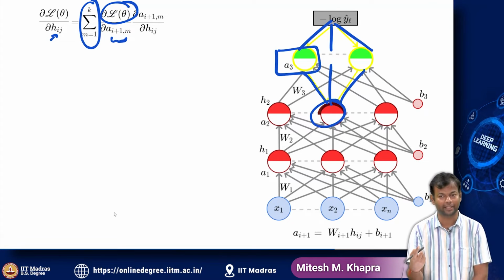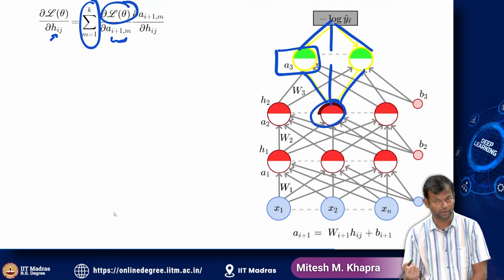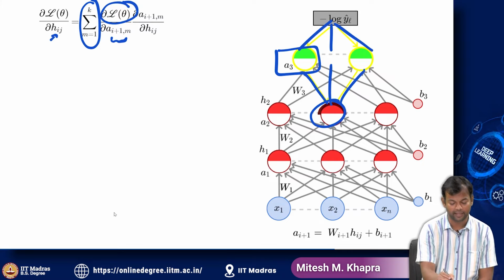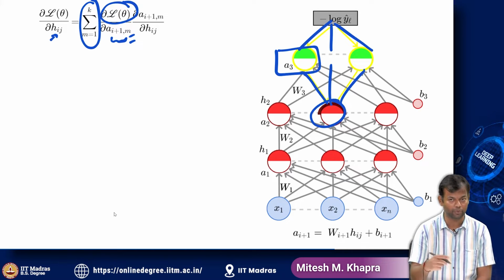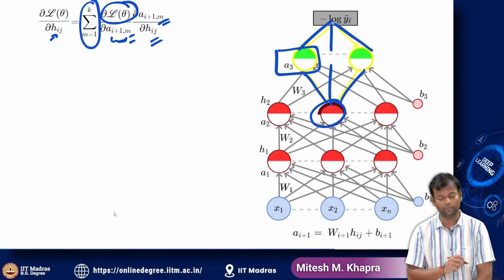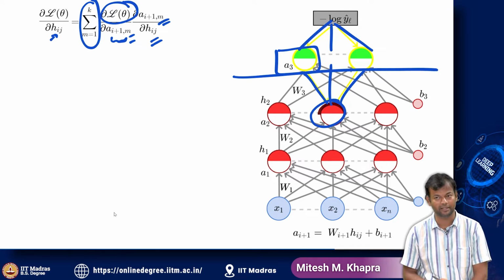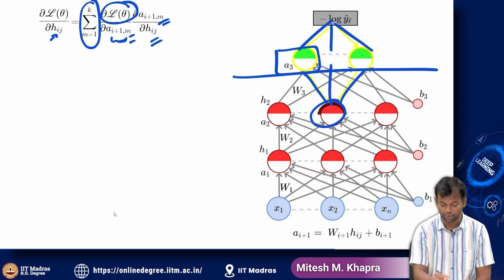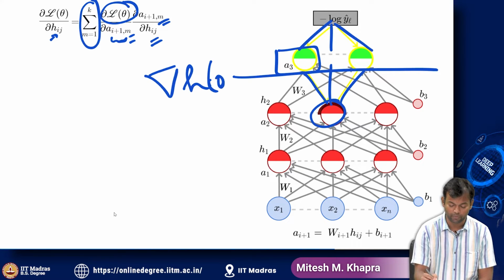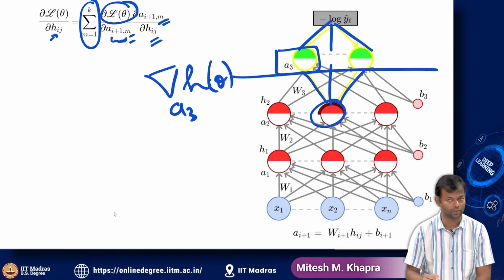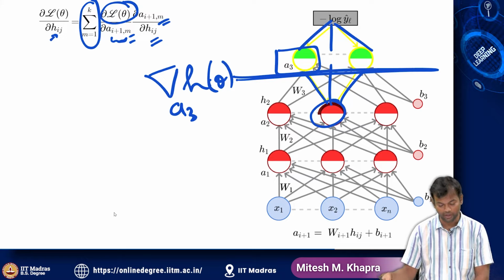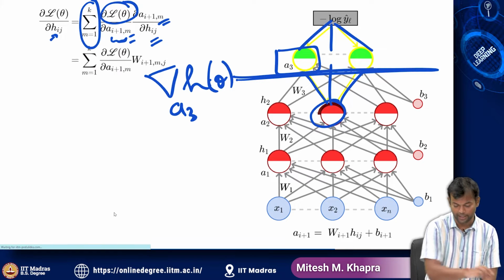The a neuron in the next layer depends on the h neuron in this layer, so that's a(i+1), and there are k of those, so I'll sum over m from 1 to k, and then the derivative of that with respect to hij. I'm confidently doing this because in the previous video, I showed you how to compute the derivative of the loss function with respect to a3. So I already have this quantity, and I am happy that this quantity is in the path because I have already computed it. Okay, so let's go ahead.